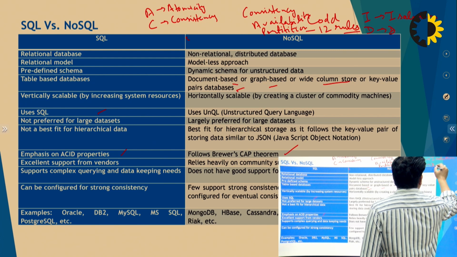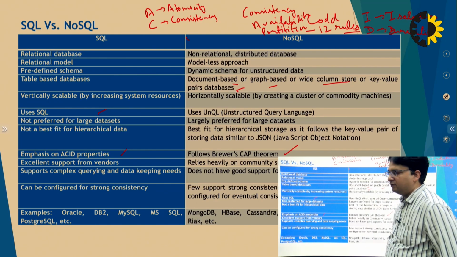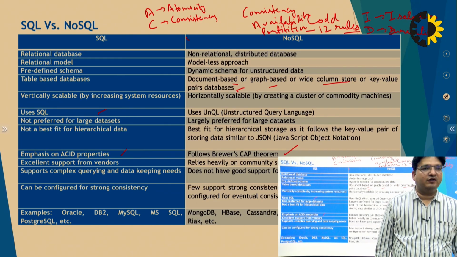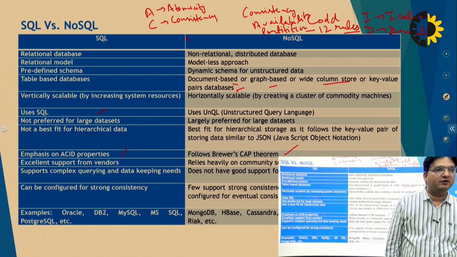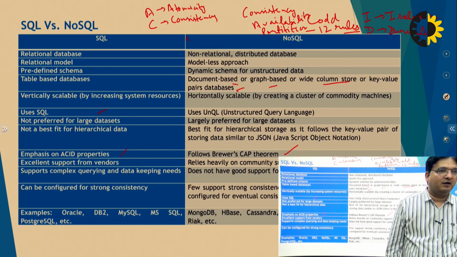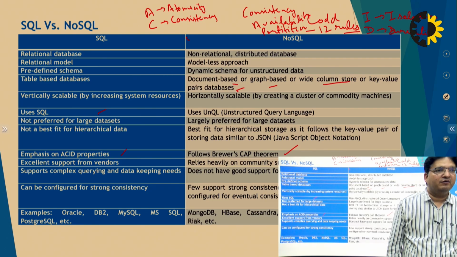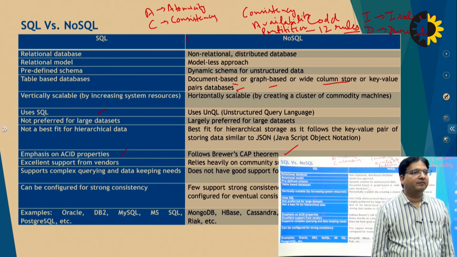So NoSQL has to basically follow the CAP theorem. It does not guarantee the fulfillment of more than two components at a time in the CAP theorem. We can also get three, but in case of failure, maximum two are guaranteed.